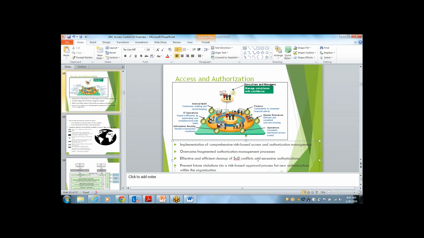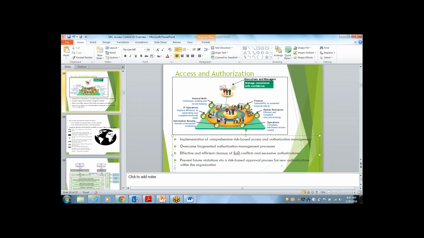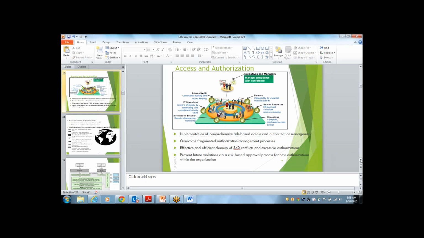So we can definitely put our company on top of risk-free things. Your GRC has been implemented here, and it is going to coordinate with all the different sectors in the company: internal audit, IT operations, information security, operations, human resources, and finance. Then it will make sure that your company is a risk-free company.